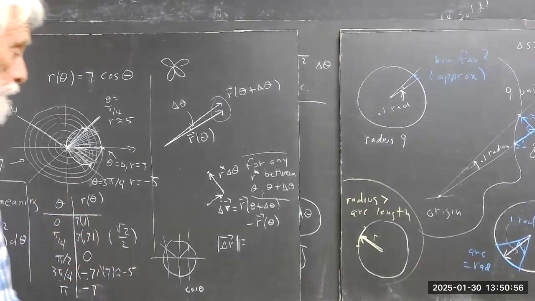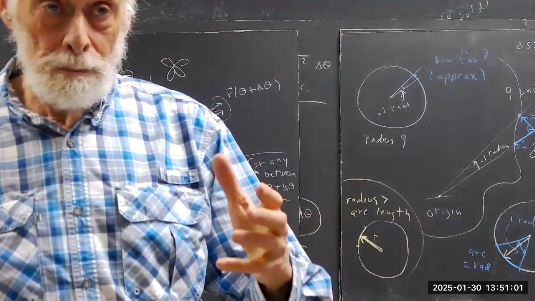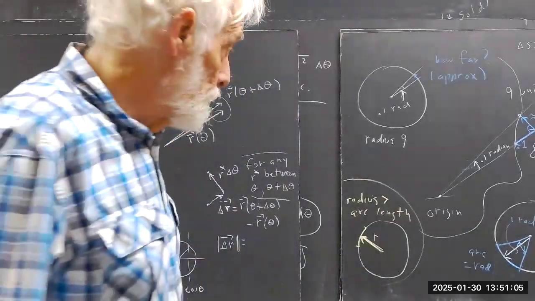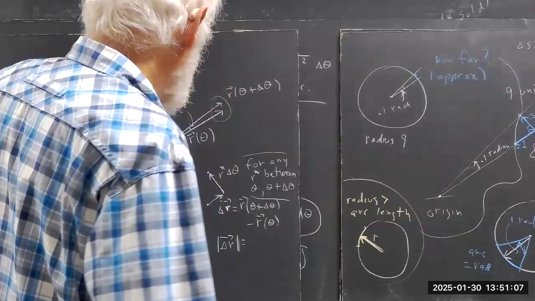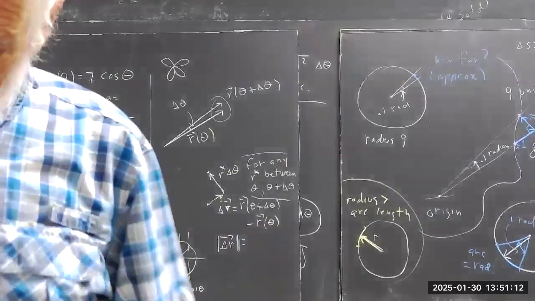So you have a formula that gives you an arc length, and a formula that gives you the area. We're just about out of time, so I don't have time to write the integral for the arc length.